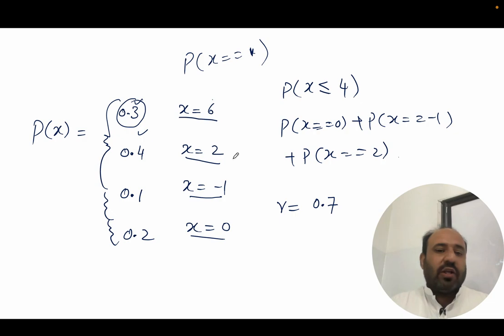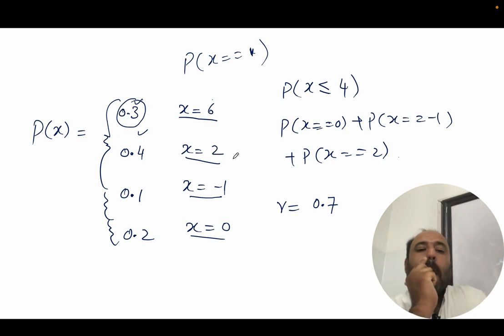Should it return x equal to 2? Probability is 0.7?